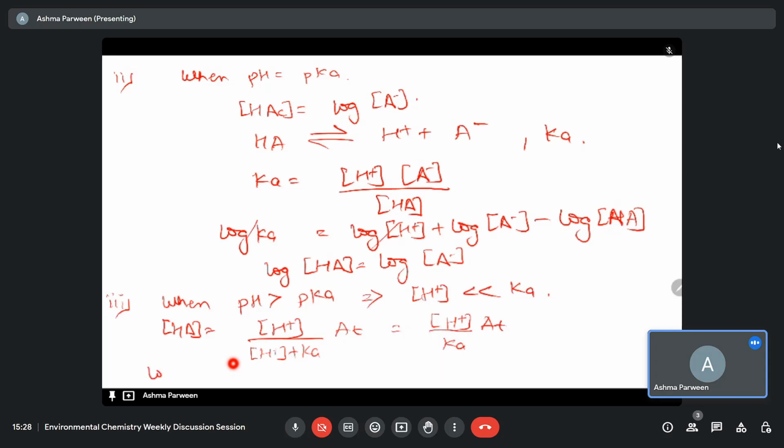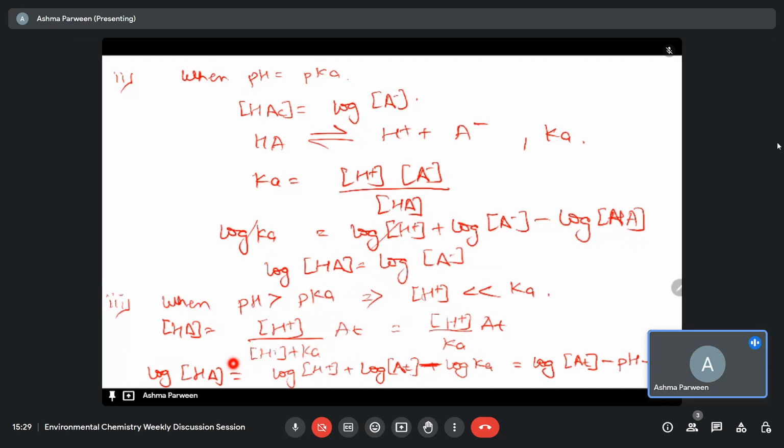If you take log on both sides, we will have log HA equals log H plus log of At minus log Ka, which will be equivalent to log At minus pH plus pKa, or we can leave it like minus log Ka.